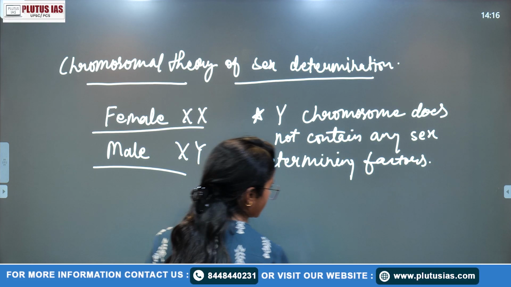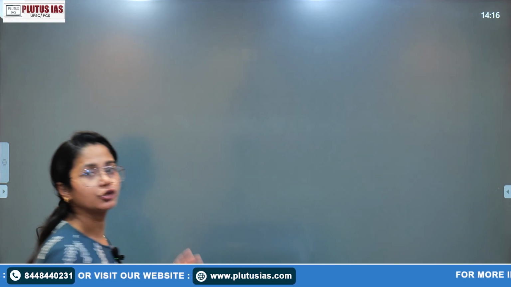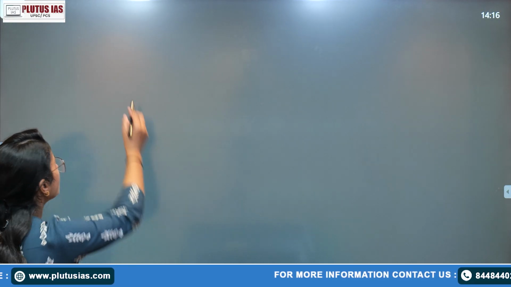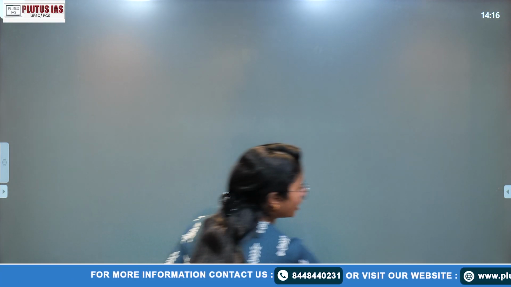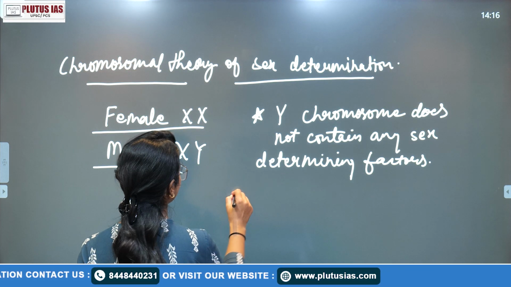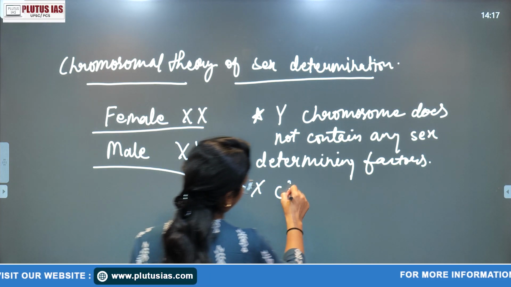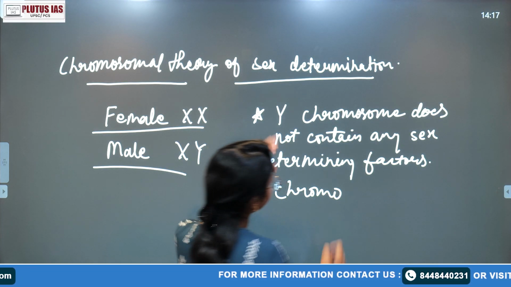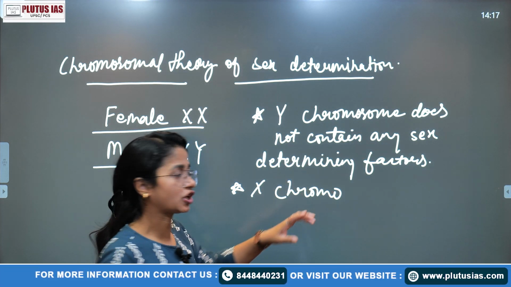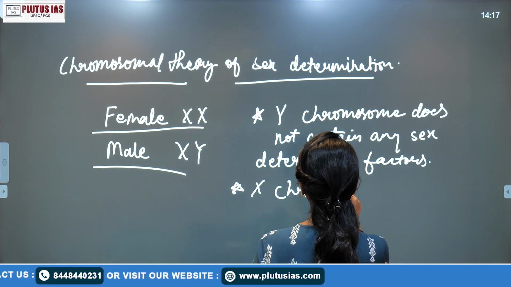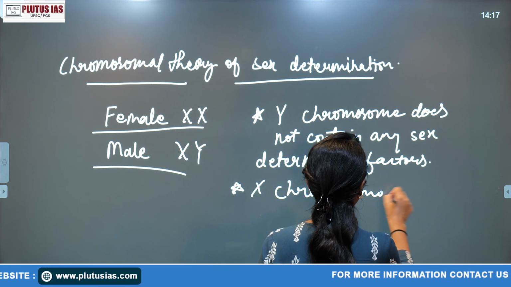Okay, how? Suppose we make 2 charts here, just do not get confused. And one more thing, the X chromosome contains the sex determining factor, both of these points I'll elaborate in the form of a chart, don't worry.